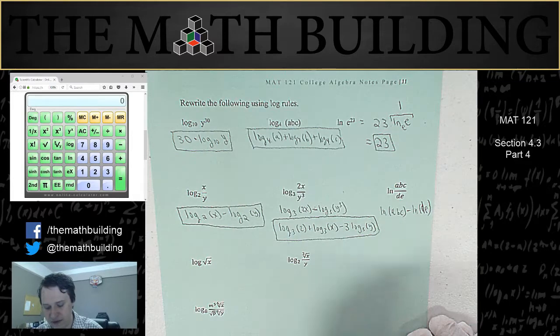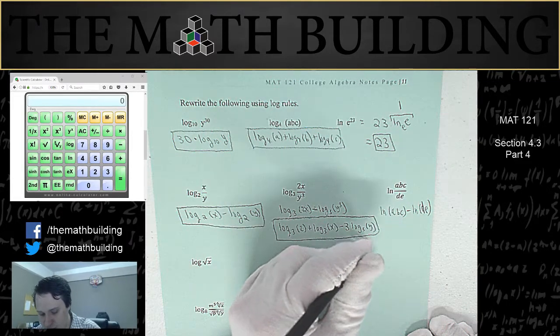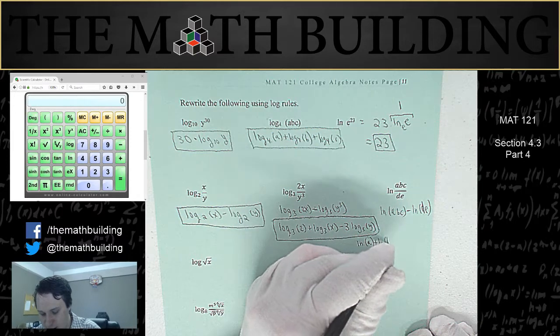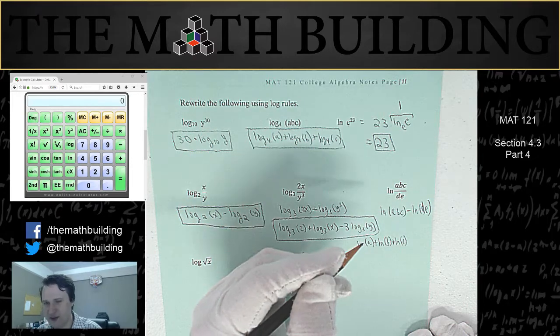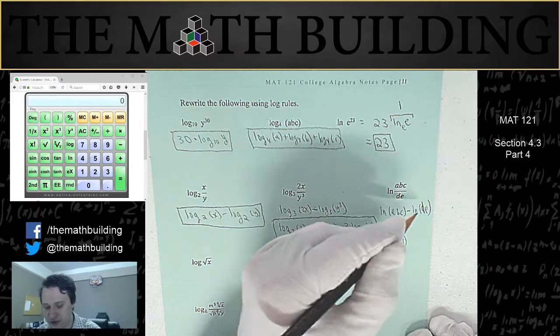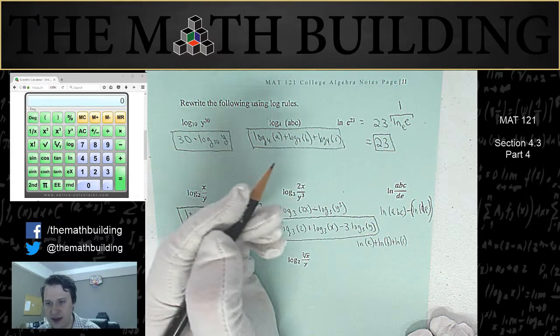Now we can break it up even further. This would be the natural log of A plus the natural log of B plus the natural log of C. Now this is important. Do you see how we're subtracting this entire thing? We're subtracting all of ln DE.